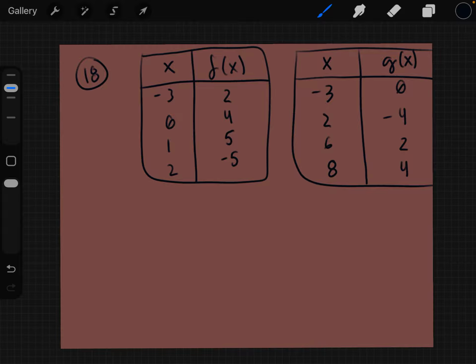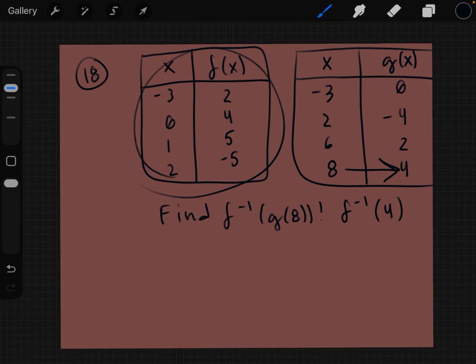And then it says find f of inverse of g of 8. We start from the inside before we worry about the outside, okay? So, g of 8. That's 4. So we're looking for f of inverse of 4.